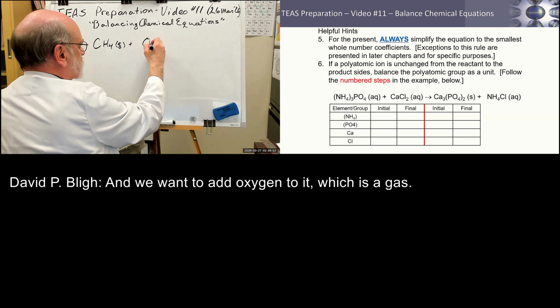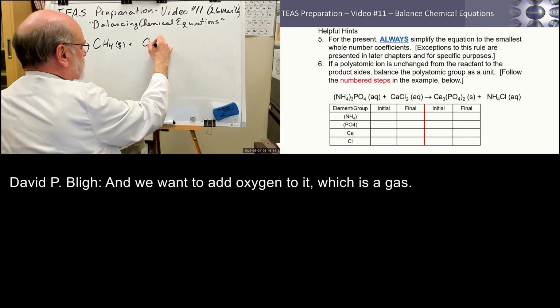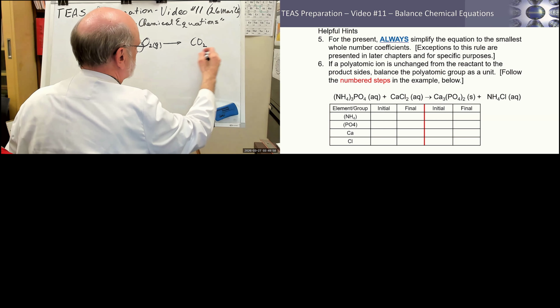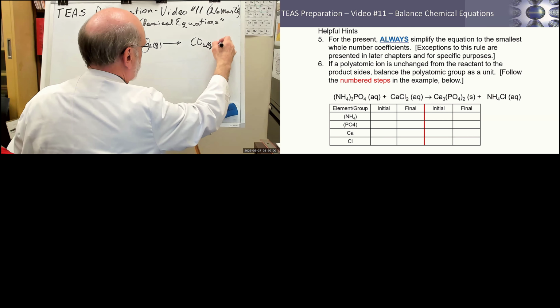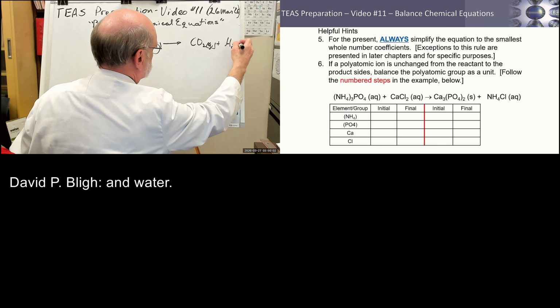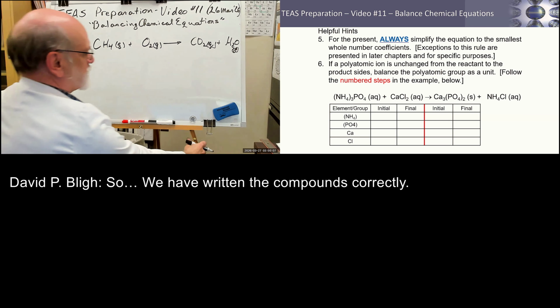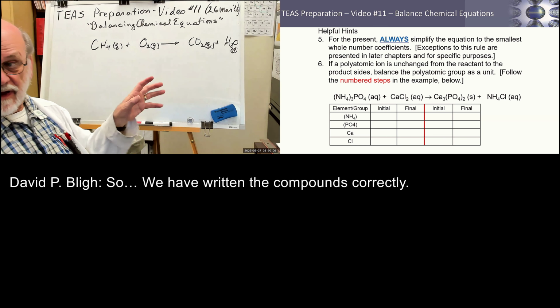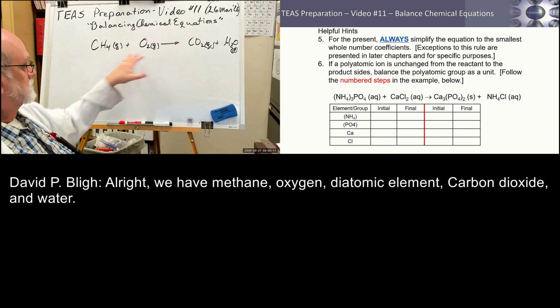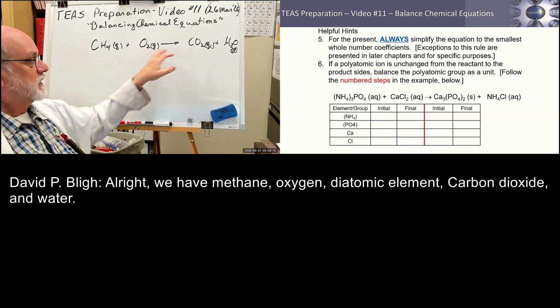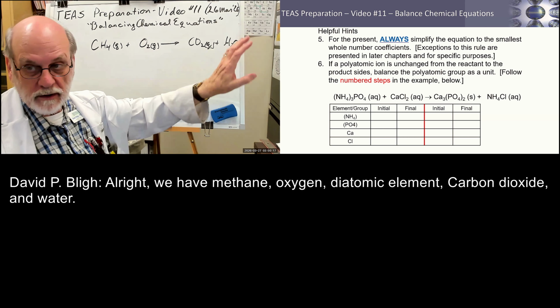And we want to add oxygen to it, which is a gas, and it produces carbon dioxide and water. Okay? So we have written the compounds correctly. Right? We have methane, oxygen, a diatomic element, carbon dioxide, and water.